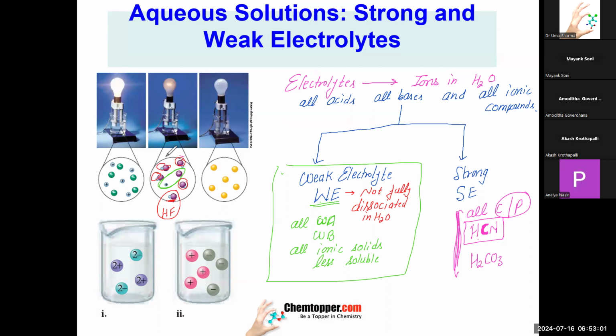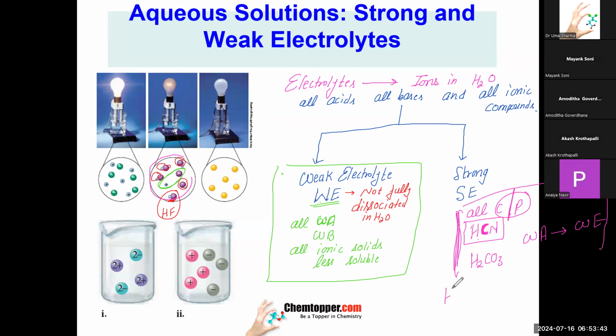And these are weak acids because they are not fully dissociated. They will dissociate like this, the way one small molecule undergoes dissociation out of 100. They are weak acids. If they are weak acids, are they weak electrolytes or strong electrolytes? All carbon containing and phosphorus containing acids are weak acids, so they are weak electrolytes.